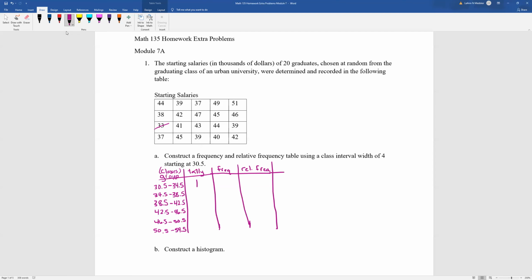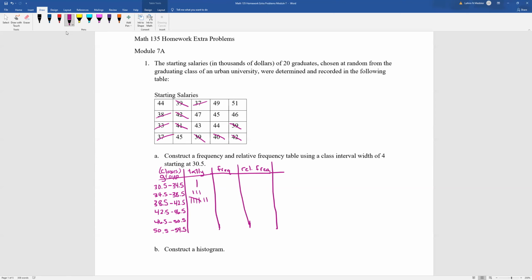From 35 to 38, there's 1, 2, 3 in that one. Then 39 to 42, so that's 1, 2, 3, 4, 5, 6, 7.